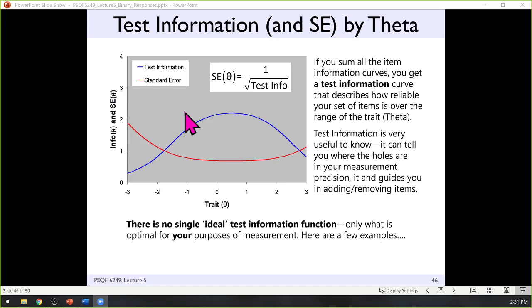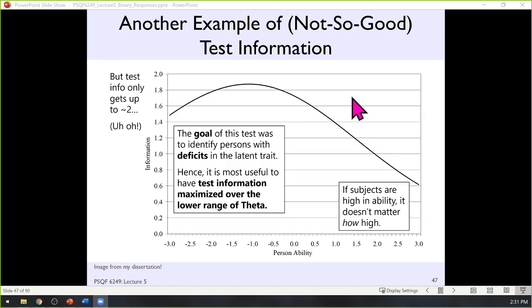So let me make fun of this. The reason that I made this picture, and by the way, this picture went into my job talk. That's how proud I was of this stupid picture. Once upon a time, I was in the world of cognitive psychology and cognitive aging. The goal of my dissertation was to make an instrument to measure selective attention capability in older adults, and to then use that instrument as a predictor of simulator driving impairment.